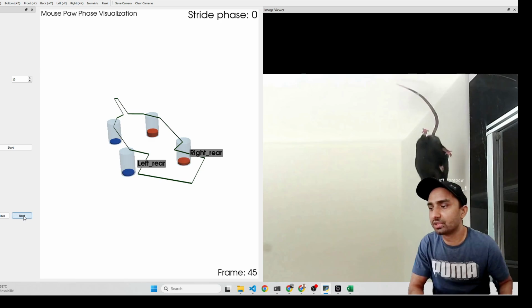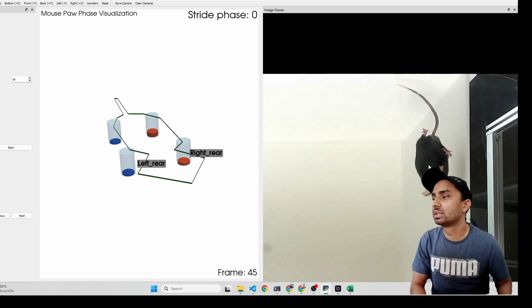On frame 45 the movement comes to a halt, and this is one full stride cycle for the left paw, from this position to this position.